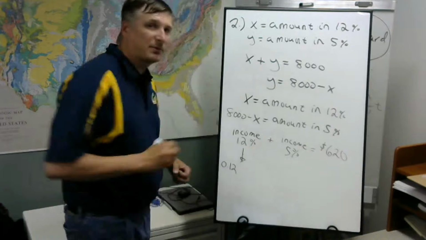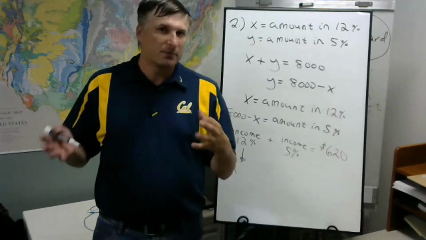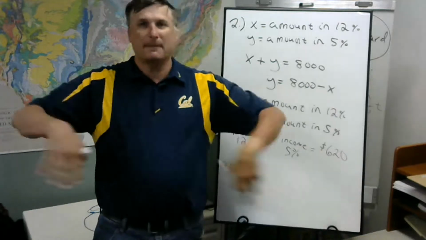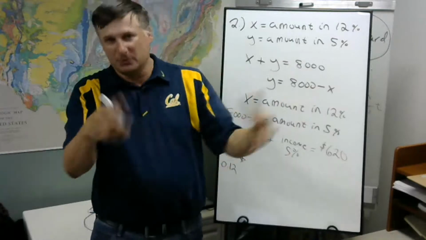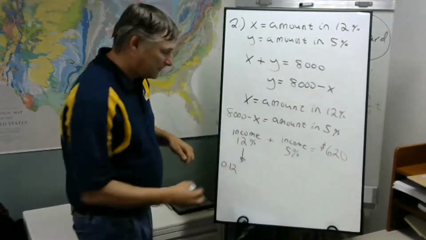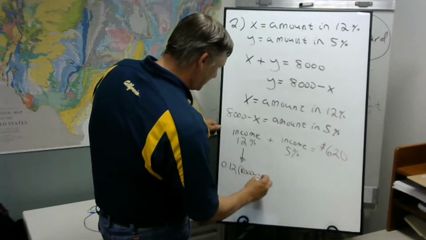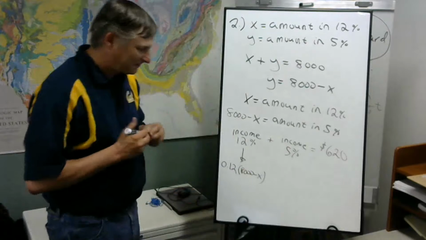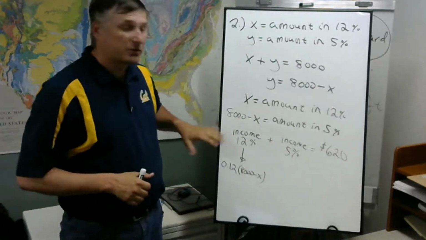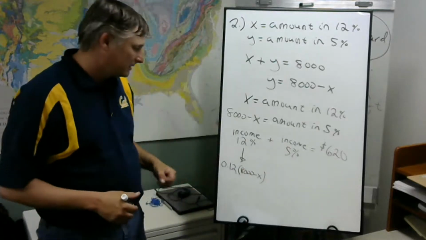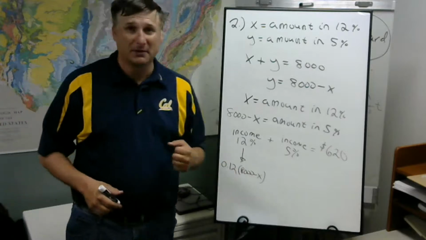So we get a 12% return. That means we take 12% of what you invested and you get that given to you. Of course, you keep what you already invested. It's going to be 0.12 times 8,000 minus X. So this is money you earned from the 12% account. It's 12% of what you invested in it.